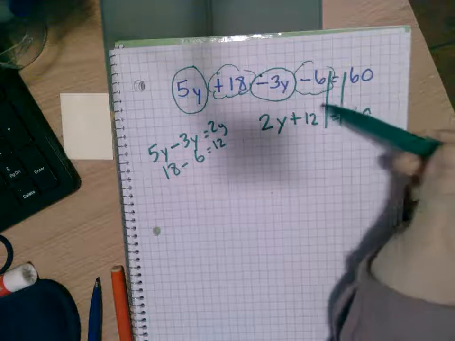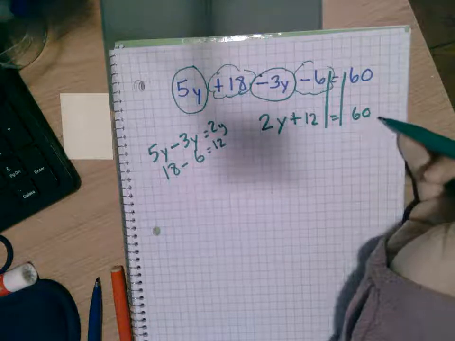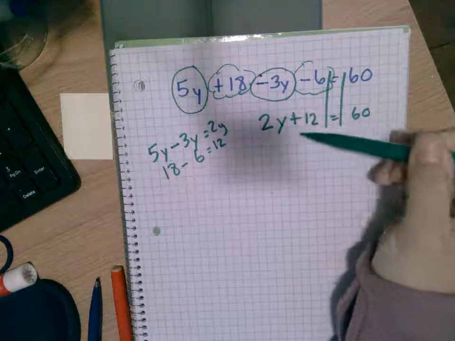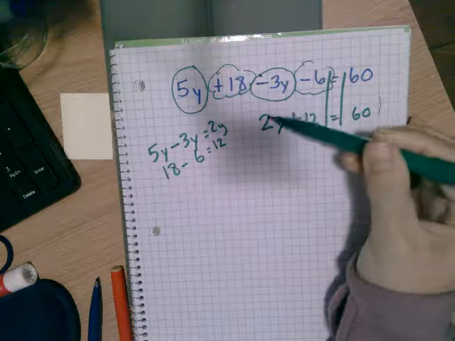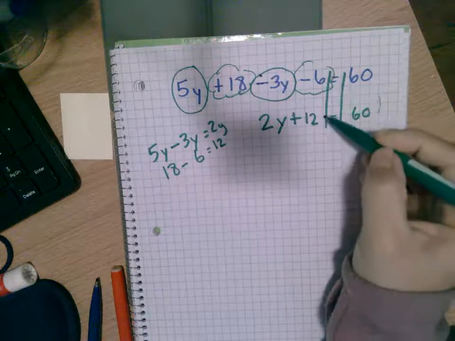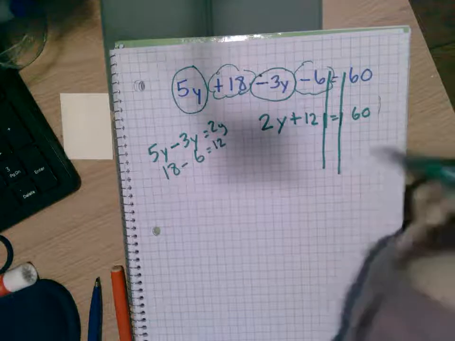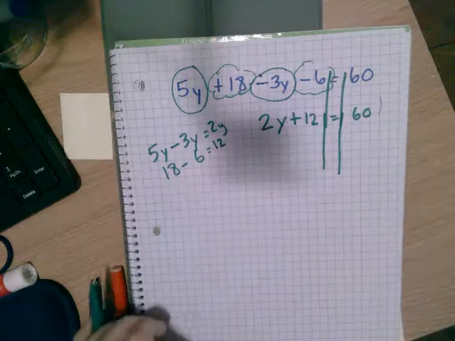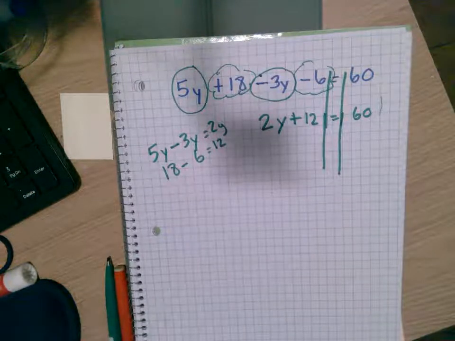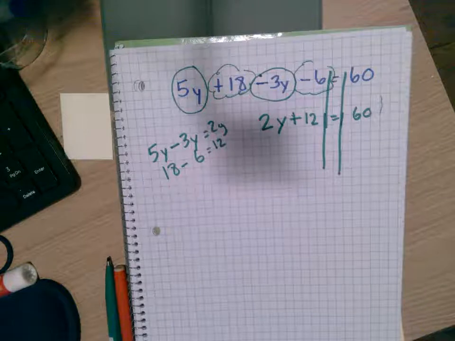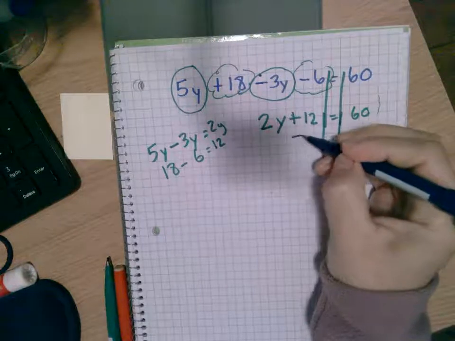From here, this is now basic math right here. A reminder, you're going to be solving equations for the rest of your math career. They just get longer and harder.